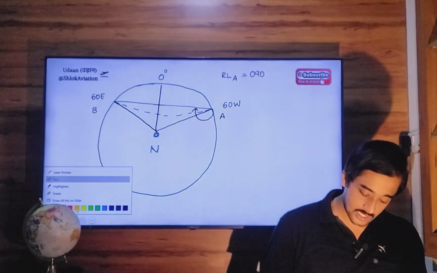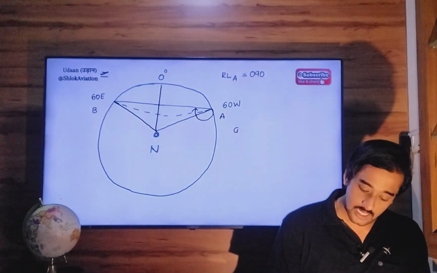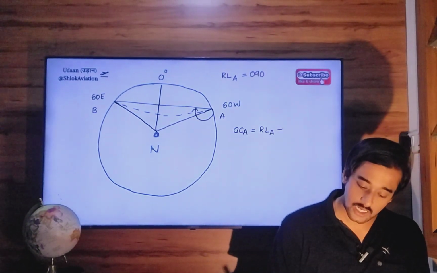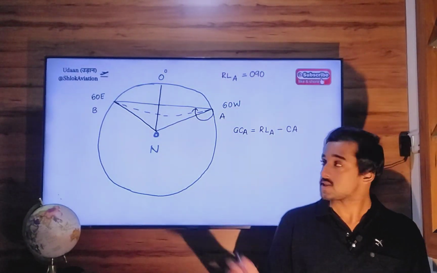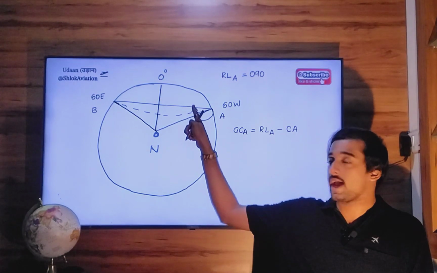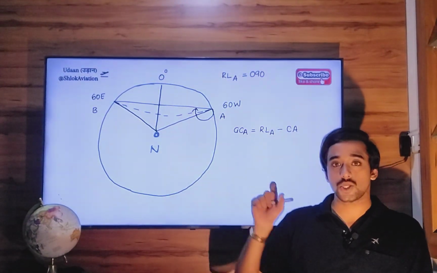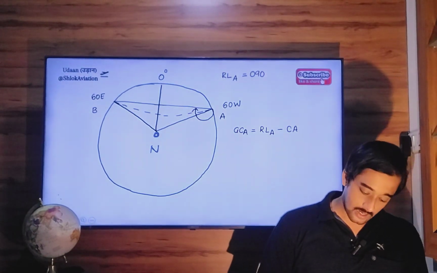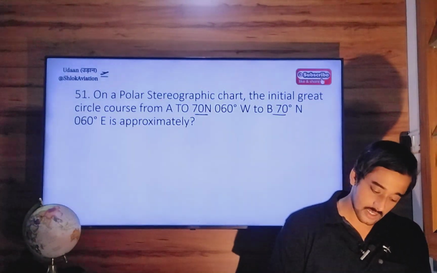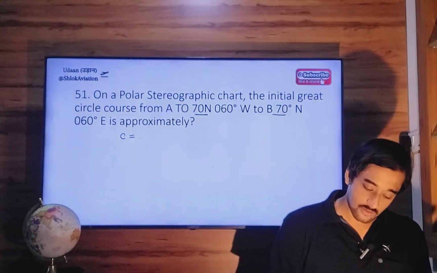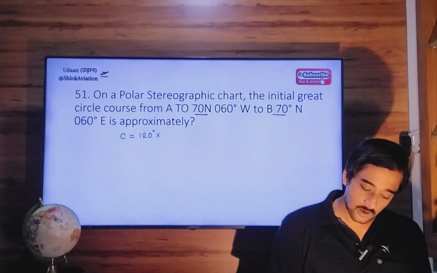So the great circle track next. Great circle track at A will be rhumb line track at A minus the convergency angle. So this great circle will be this big angle, rhumb line angle, minus this small inside angle, which is your convergency angle. The convergency here is D long, 60 west, 60 east, 120 degrees, sine of 70.